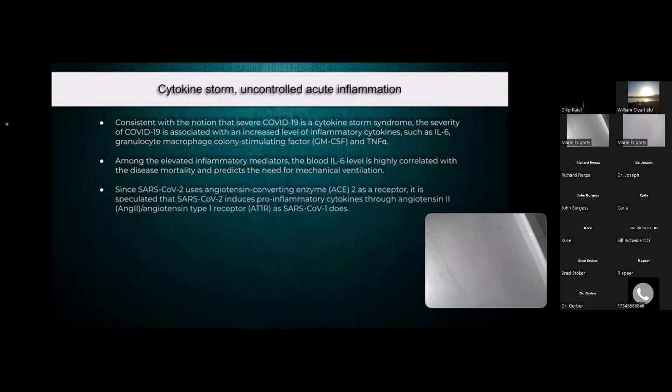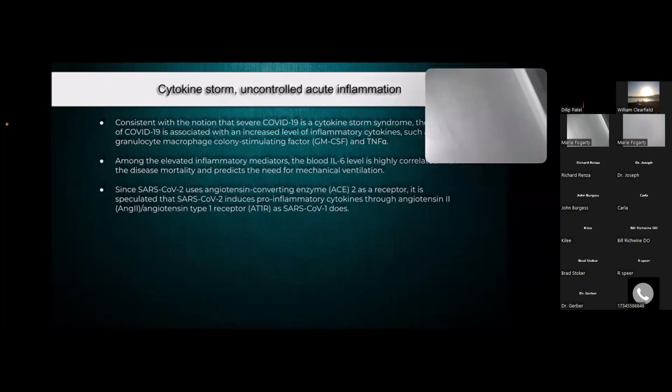Since SARS-CoV-2 uses angiotensin converting enzyme ACE2 as a receptor, it is speculated that SARS-CoV-2 induces pro-inflammatory cytokines through angiotensin 2, angiotensin type 1 receptor, as SARS-CoV does. I think that's where the English is weird, or maybe SARS-CoV-1 does affect that receptor as well.